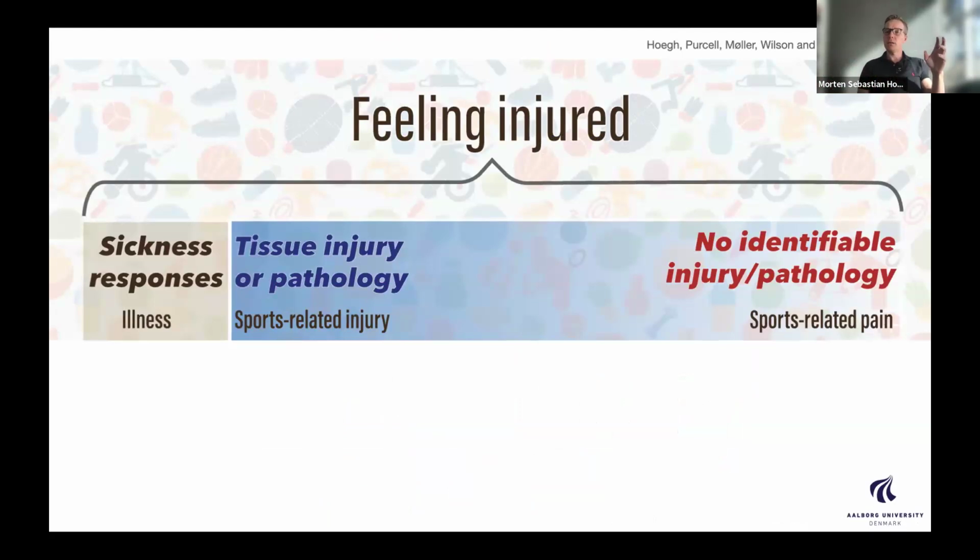It could be a fracture or a rupture of some sort, or it could be a non-pathological condition, such as non-specific low back pain, which is conceived to be much more multimodal or multifactorial than the other ones, where they are still complex, but they are driven by a clear nociceptive signal.